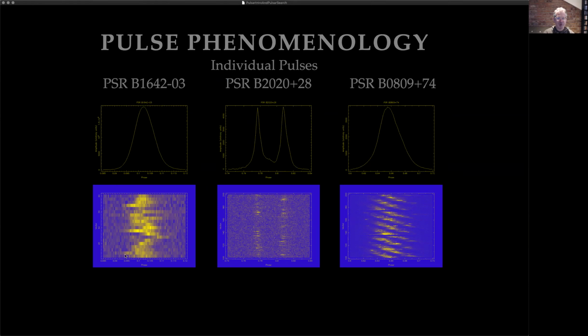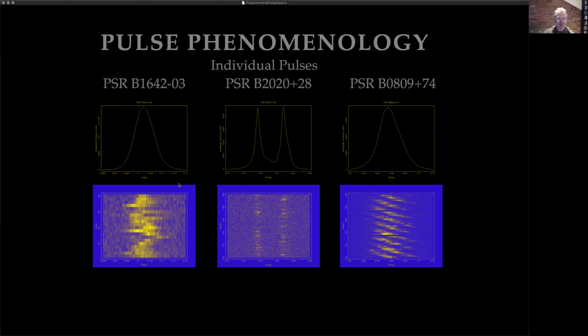So each one of these lines in this direction is a pulse of the pulsar. We zoomed in, so we're only showing one small fraction of the total rotation period of the pulsar. But you can see that it moves to the left and then to the right and then to the left again and wiggles around. Okay, so on average, each individual pulse is narrower than the average pulse profile that we get.